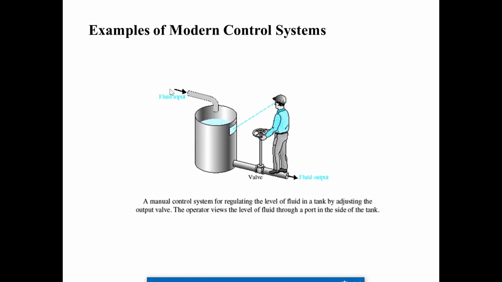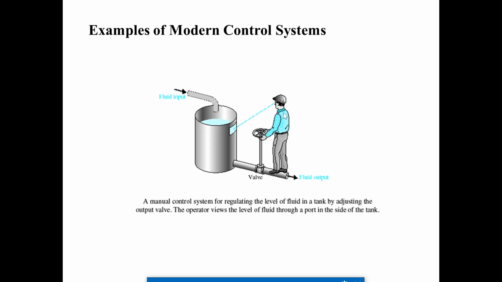Then you can observe a figure, a manual control system for regulating the level of fluid in a tank by adjusting the output device. The operator views the level of fluid through a port in the side of the tank. This is a very simple example: the fluid is going out through a valve, right, and the fluid is coming in through the input.